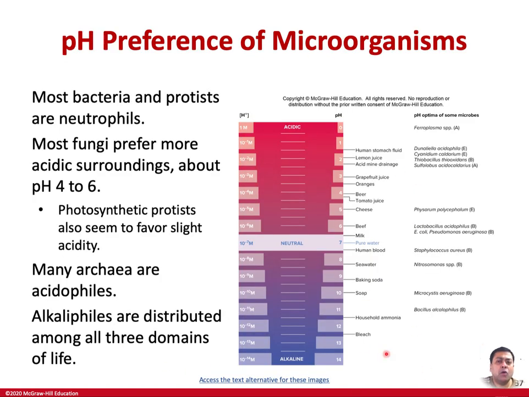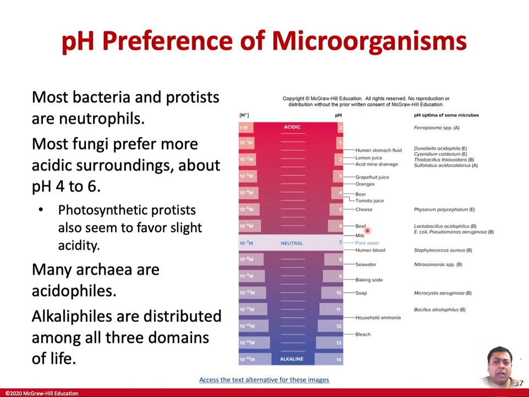At the acidic end of the scale are human stomach fluid, lemon juice, acid. These are some of the different types of material where some of the bacteria can grow. On the other hand, milk, water, and human blood are around neutral pH, and household ammonia, bleach, and oven cleaners are at the alkaline end of the scale.